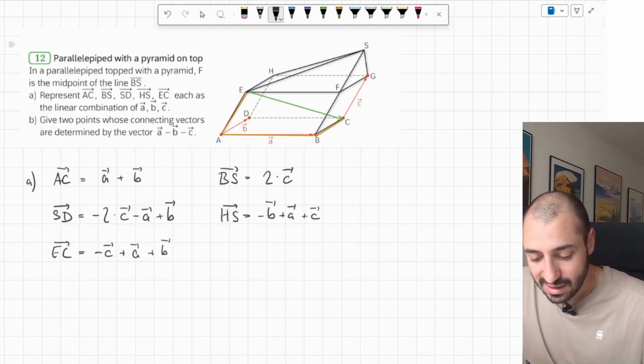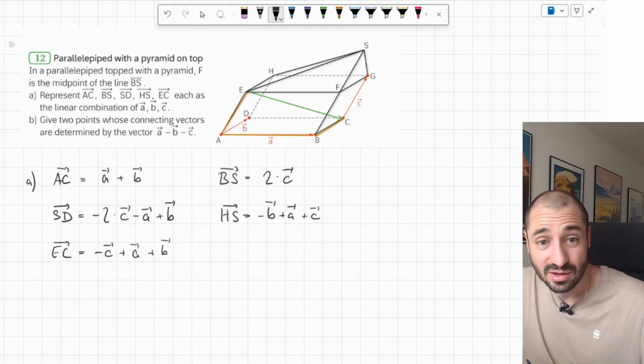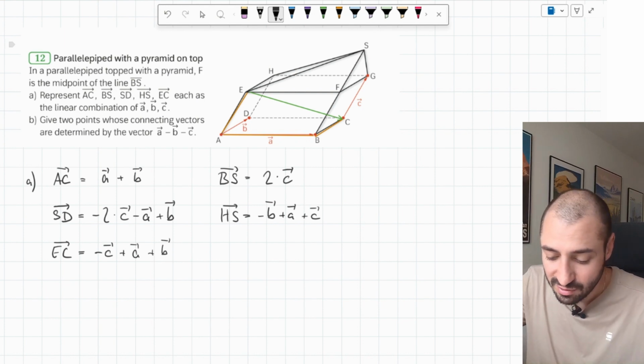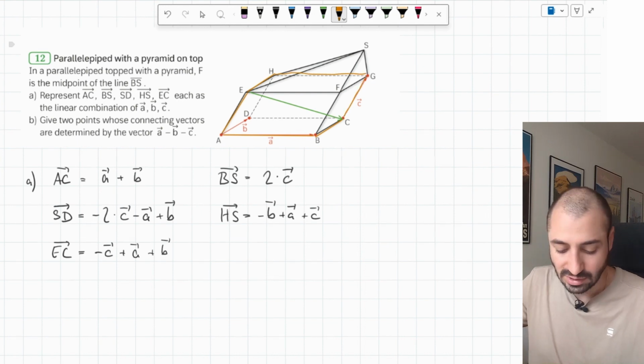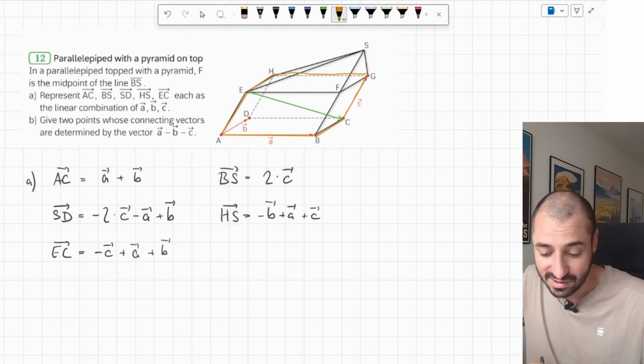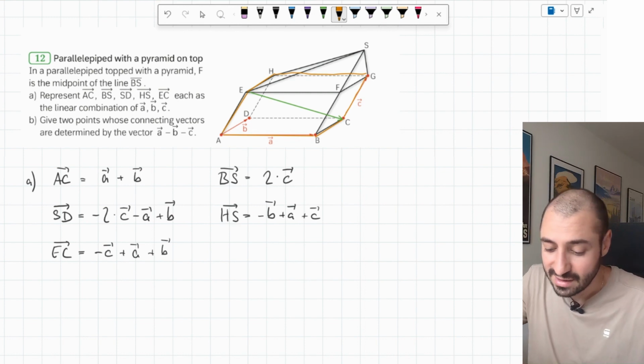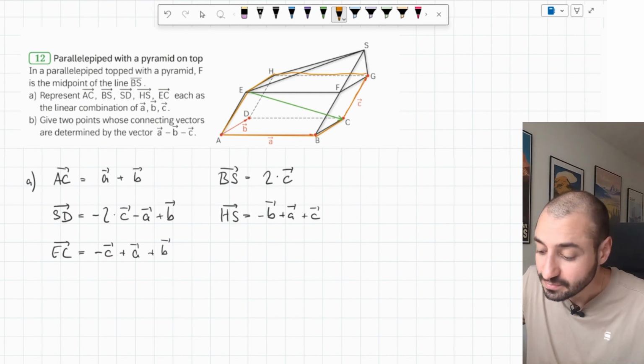Also note that the solution is not unique. You could go a different way. So for instance, here, you could also go first here to the back, then over here, and then down here. So you would rearrange these vectors kind of. And that's the case also for the other examples.